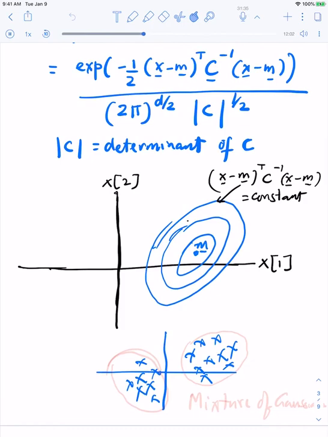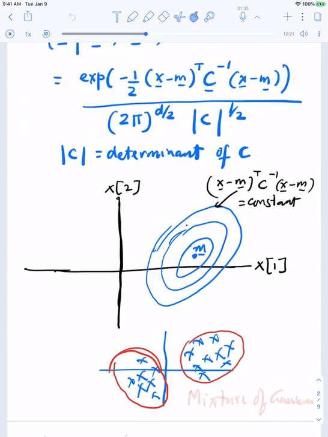But I could try to fit two ellipses to this. So let me change the color to red and fit one ellipse like this and another ellipse like that, right? And so now we have managed to fit a couple of Gaussians to this data, right?